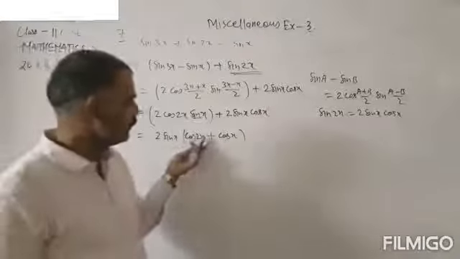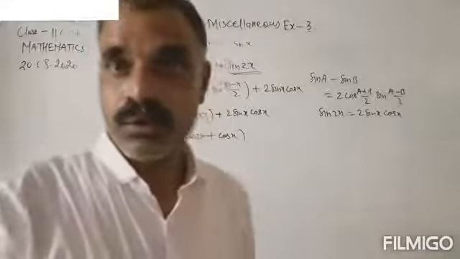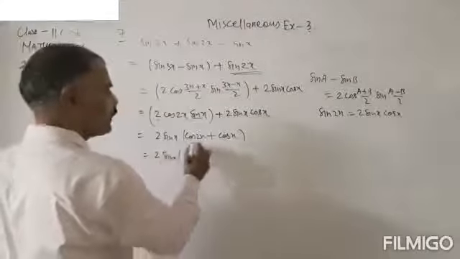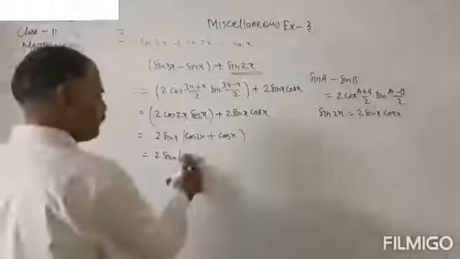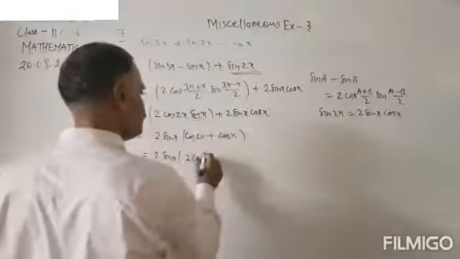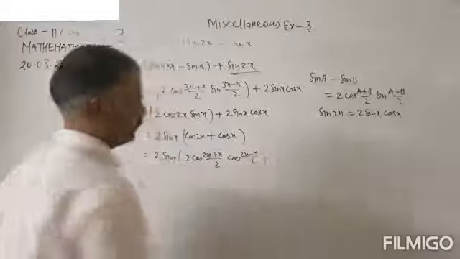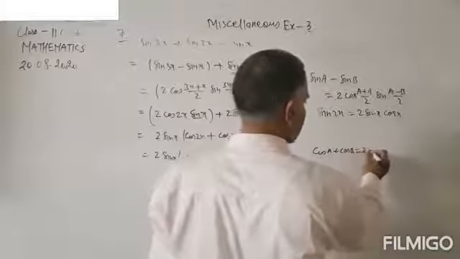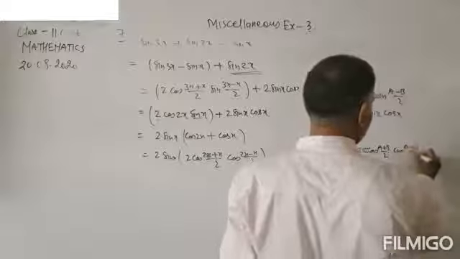Okay, so again using the trigonometric identity cos A plus cos B equals 2 cos of (A plus B) upon 2 cos of (A minus B) upon 2.